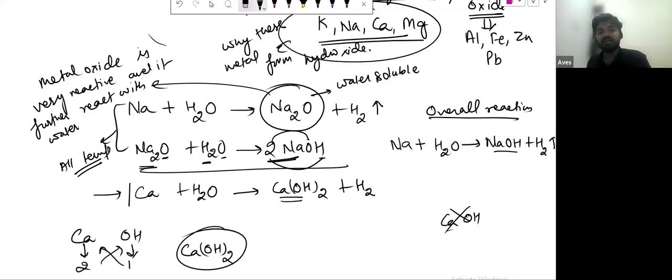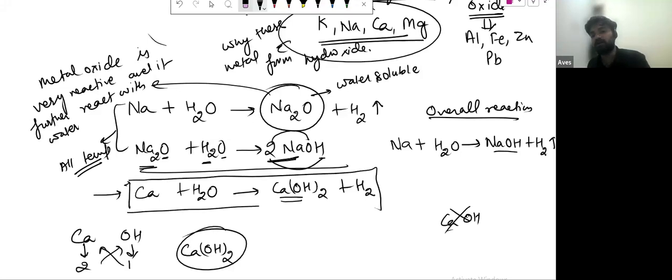But there is a condition for calcium: it can react with cold water.